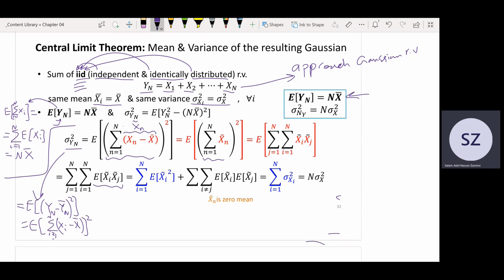This has two cases. When i equals j, we have the expected value of xi tilde squared. How many times does i equal j happen? n times. So basically i goes from 1 to n of the expected value of xi tilde squared.